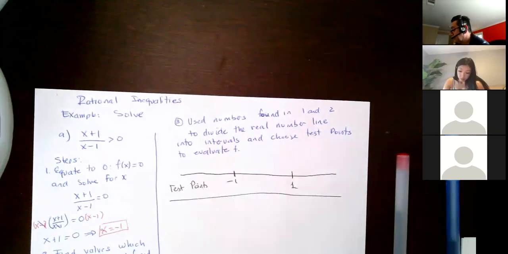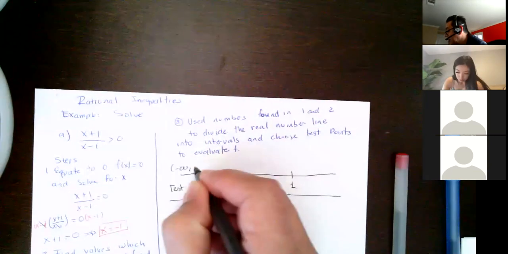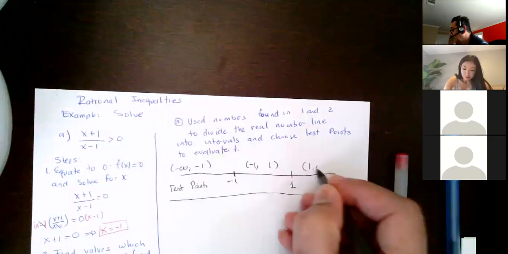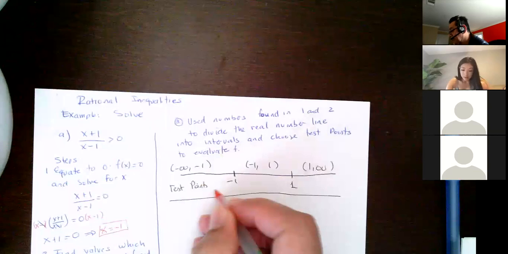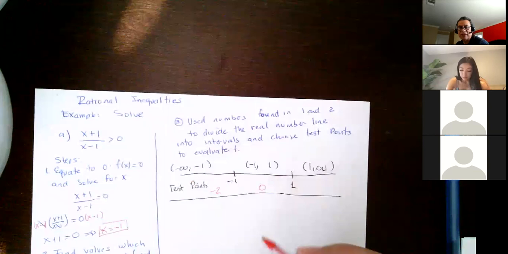So we have -infinity to -1, -1 to 1, and 1 to infinity. For easy test points, I like the -2 here. That would be okay. Here I would pick 0. 0 is an easy number to plug in.